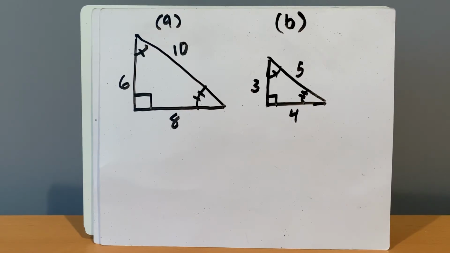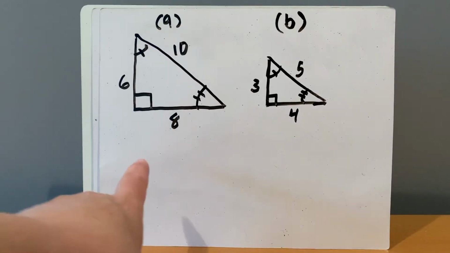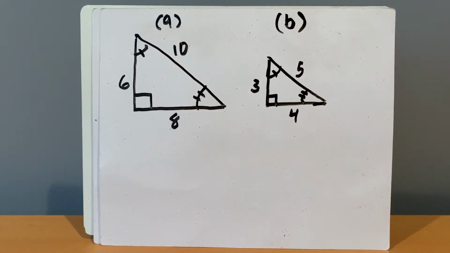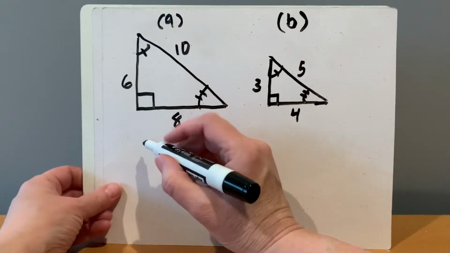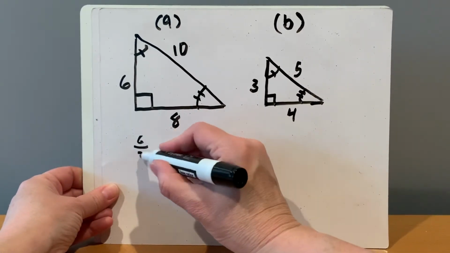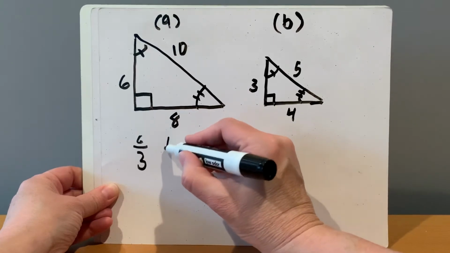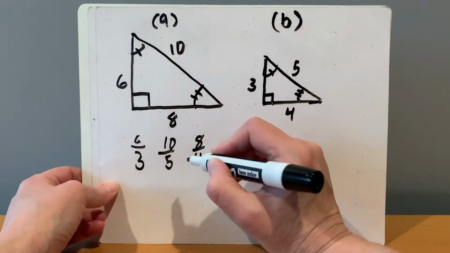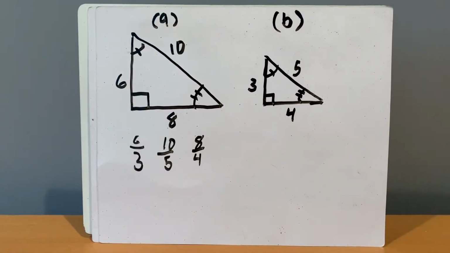Every side in triangle A over here is twice the length of a side in triangle B. If we write ratios of corresponding sides and put the sides for triangle A on top, we get 6 over 3, 10 over 5, and 8 over 4. Now, each of these ratios equals 2.